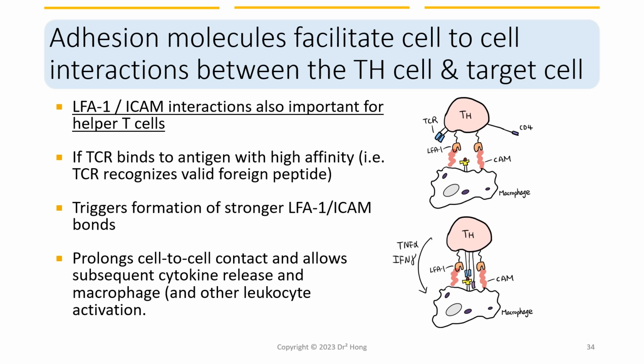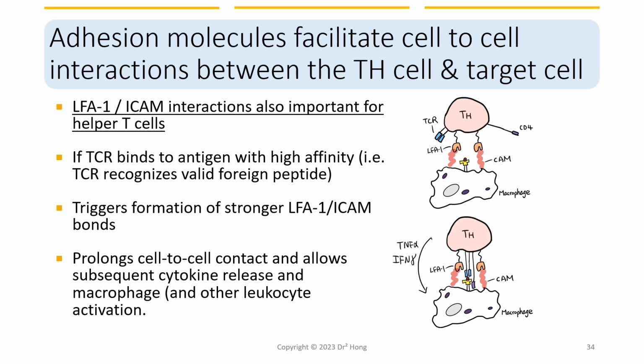Similar mechanisms also happen with Th2 helper cells and B lymphocytes. So we have the same molecules, the integrins located on the Th cells, interacting with ICAM that is on the macrophage here on the graph.